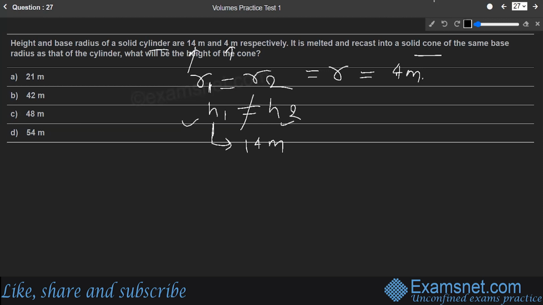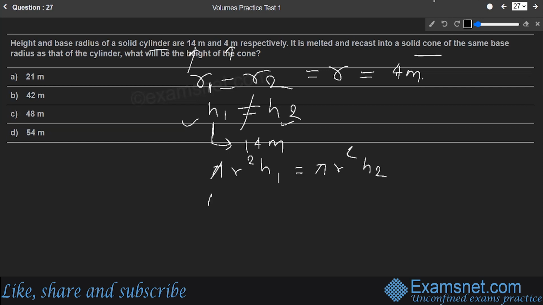He says obviously the first has been melted and recast into the other one, so the volumes remain the same. So clearly we can find out the volume of the first cylinder. So this is a cylinder, so we need to apply the formula. It's given as pi r square h1 is equal to pi r square h2, because the radius are the same, so we don't need to keep those radius as different.